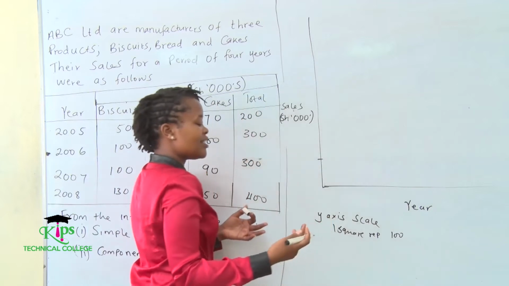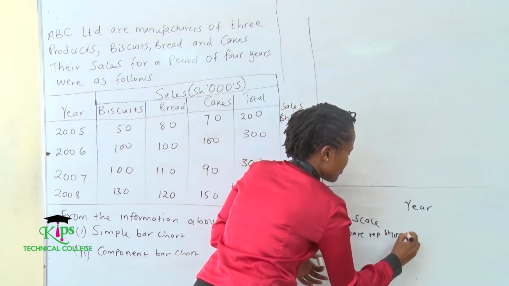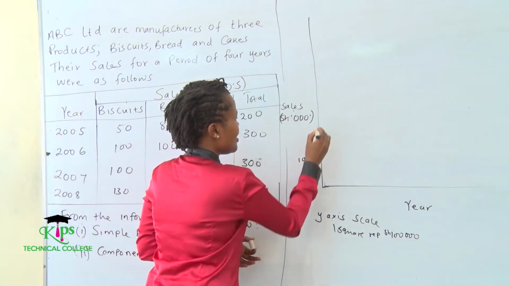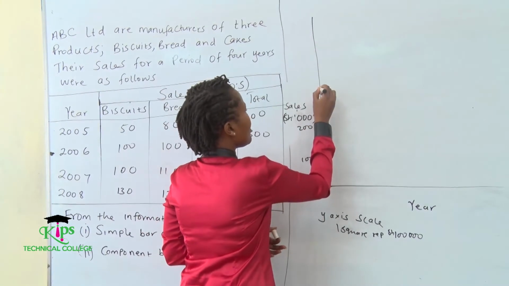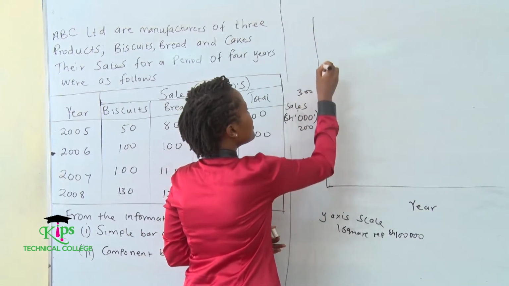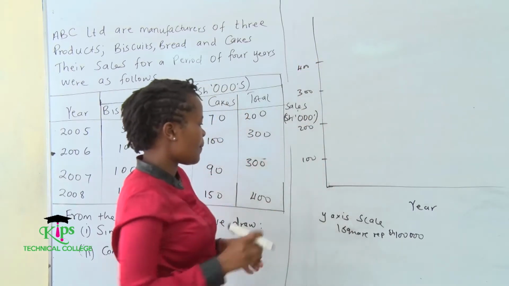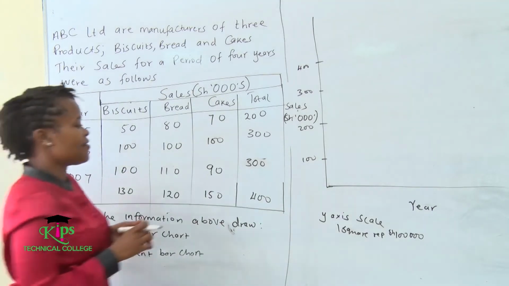That is actually 100,000 shillings because of these 3 zeros. So here we'll have 100, then 200, 300, and 400. Then I will start with my first year, which is 2005.